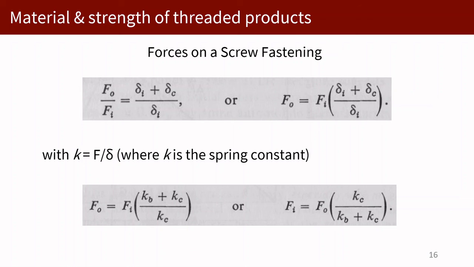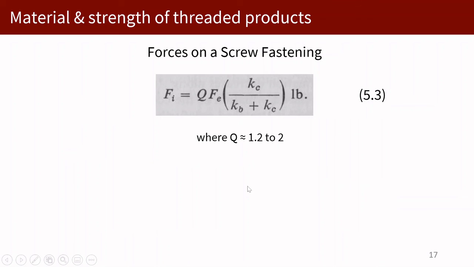When you apply any external force, its relation to the maximum external force F sub O is not the same, so that's why we include a multiplier to use with any external force you apply. Thus the expression for F sub O is Q times F sub E, where Q is a multiplier that, as suggested in the book, ranges from 1.2 to 2.